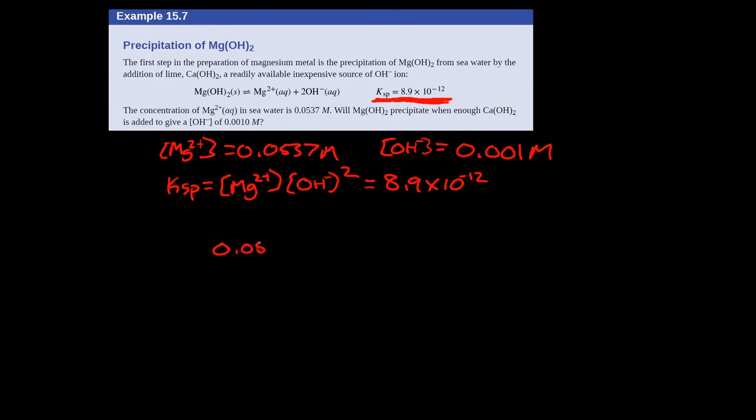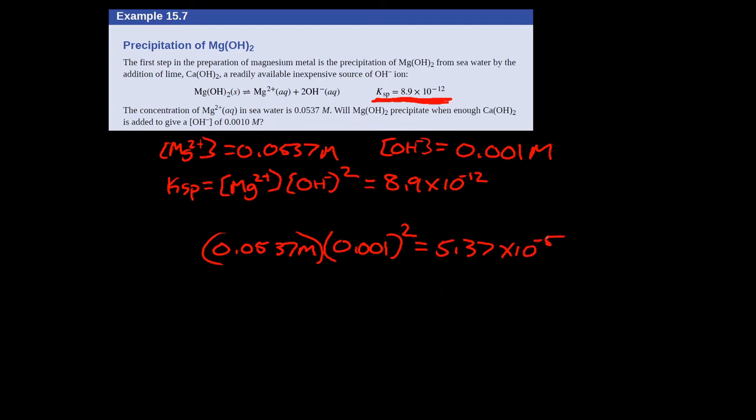So we're going to have 0.0537 molar times 0.001 squared. And if we do the math here, what we get is that is equal to 5.37 times 10 to the negative 5.